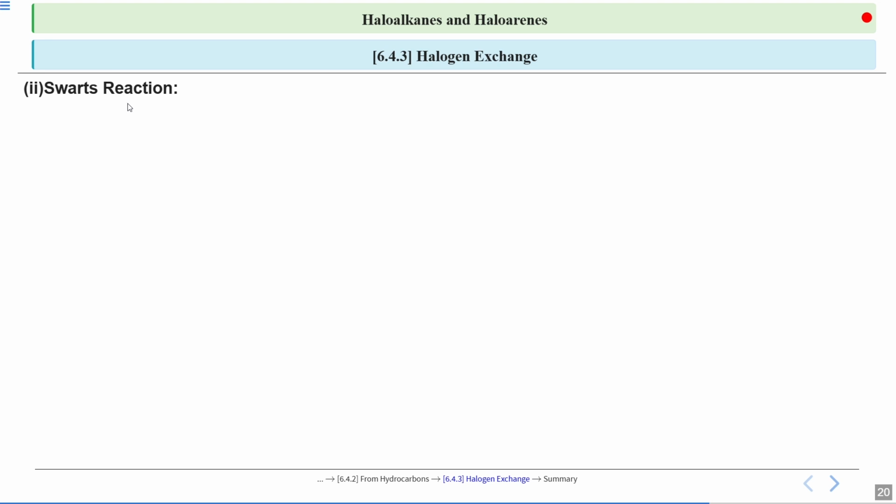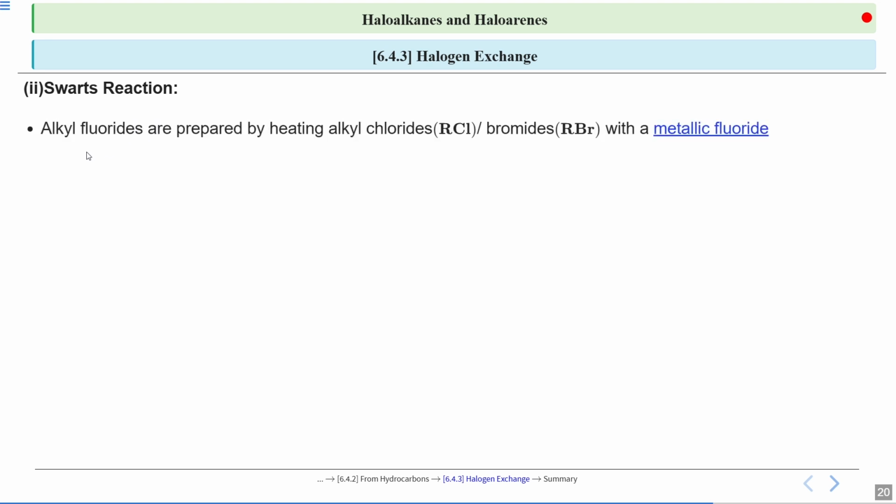Now let's see the Swarts reaction. Alkyl fluorides are especially prepared by the Swarts reaction, by heating alkyl chlorides or alkyl bromides with metallic fluorides. We use metallic fluorides like silver fluoride, mercurous fluoride, cobalt fluoride, or lead fluoride.